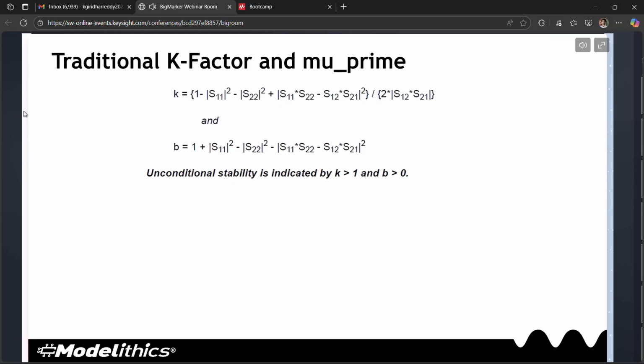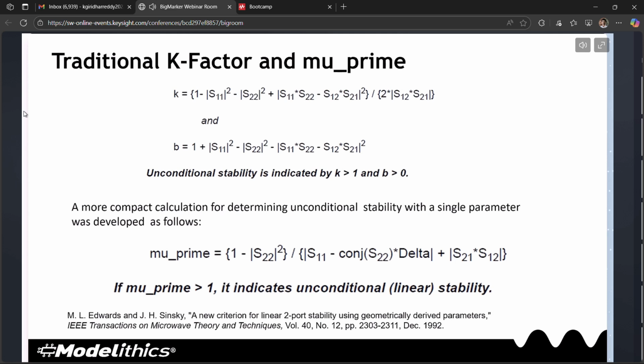From that point of view, there's another parameter, because it might be a little inconvenient to have to carry around two parameters. Dr. Lee Edwards and his colleague had written a paper with one single parameter, mu prime, which is also available within ADS, that you can look at as an indication of unconditional stability, again from a linear point of view.